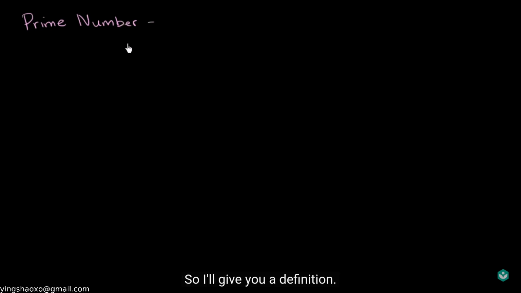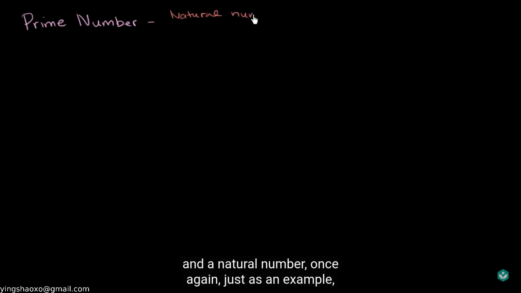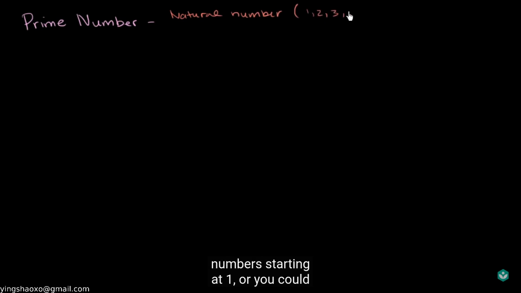So I'll give you a definition, and the definition might be a little confusing, but when we see it with examples, it should hopefully be pretty straightforward. So a number is prime if it is a natural number, and a natural number, once again, just as an example, these are like the numbers 1, 2, 3. So essentially the counting numbers starting at 1, or you could say the positive integers.